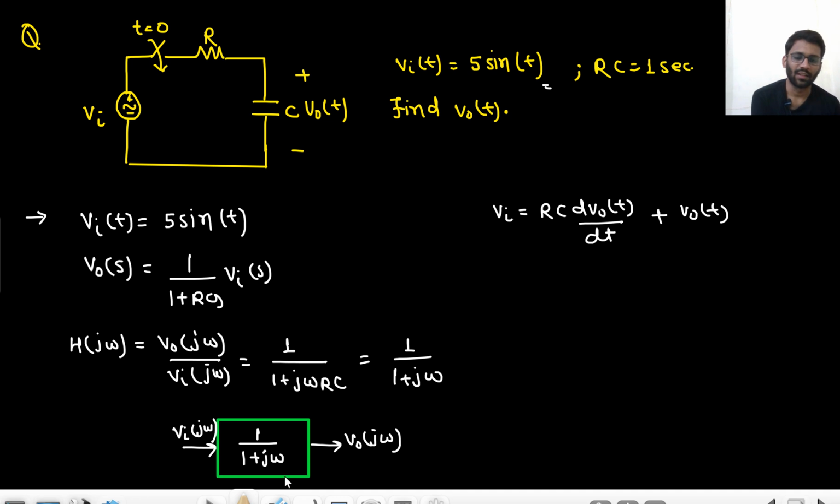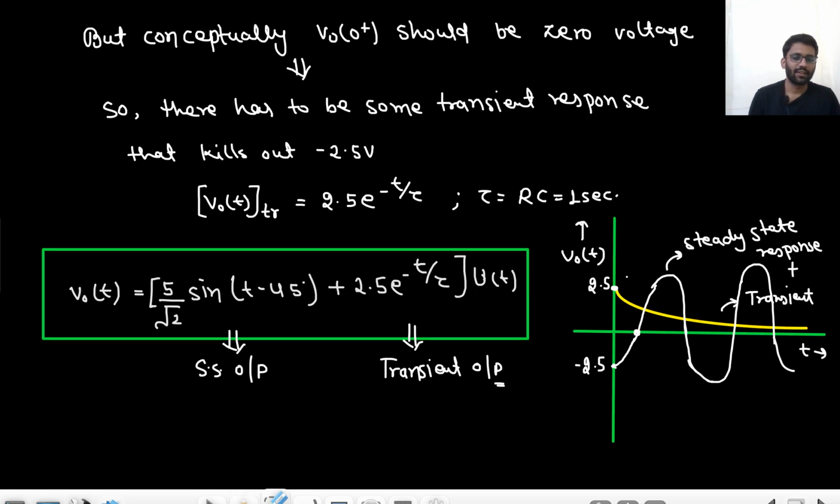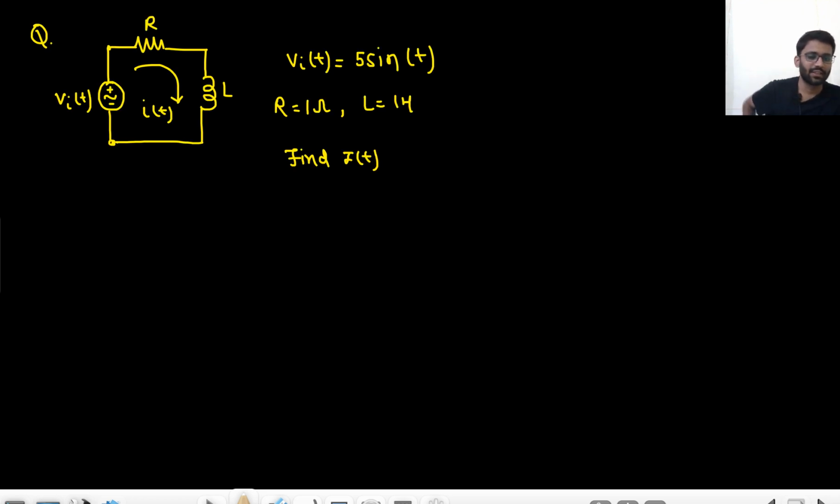Then instead of V in t, you put 5 sin t. By solving this differential equation as well, you can get the value of V naught t, and this is what you will get. But instead of solving the differential equation, we will prefer this approach. First find the steady state output and then see that there will be some transient. So let's solve another question.